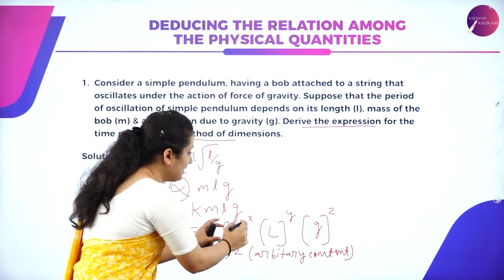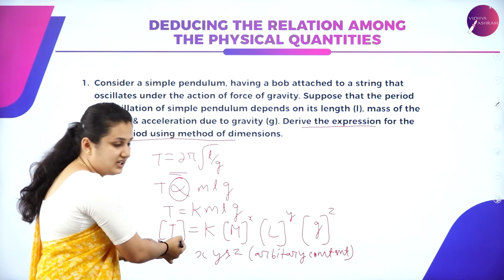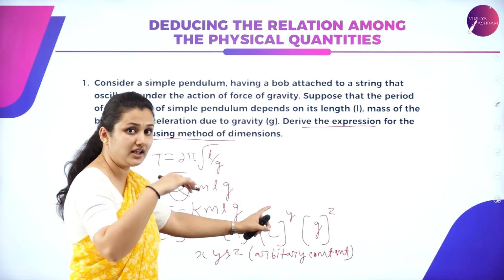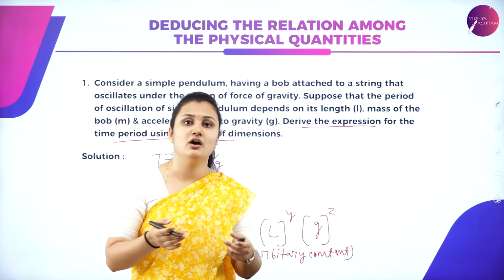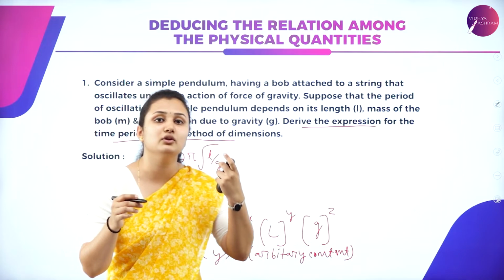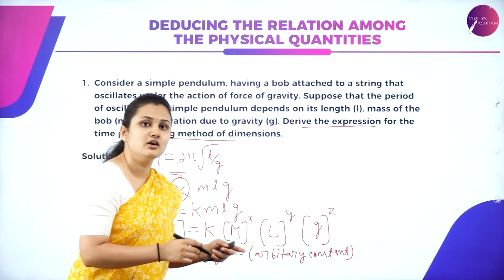So fundamental quantities raised to powers give that particular physical quantity. That is why I have considered x, y and z as powers. It need not be x, y and z; it can be a, b, c or m, n, o. But I have considered x, y, z because it is the notation given in your NCERT textbooks. So x, y, z are arbitrary constants.